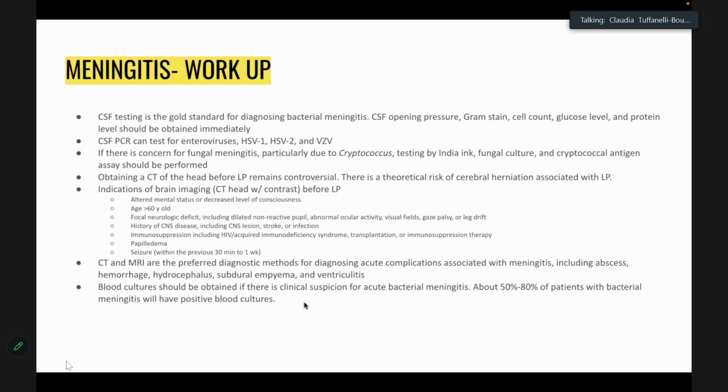So don't just go ahead without the scan on those ones, but like I said, my practice is almost always to get the CAT scan.